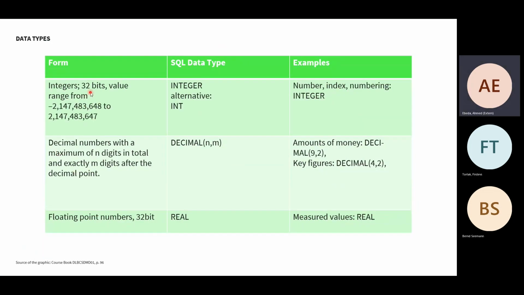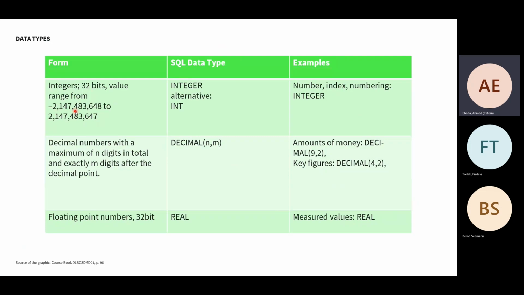Integers are a 32-bit value, ranging from -2 billion something up to about 2 billion something.